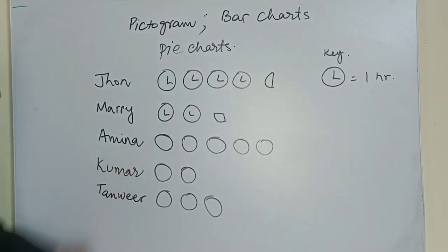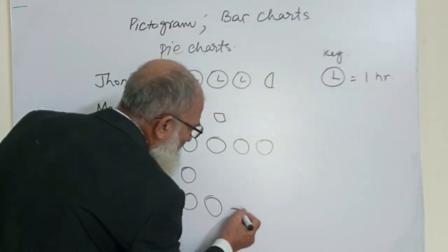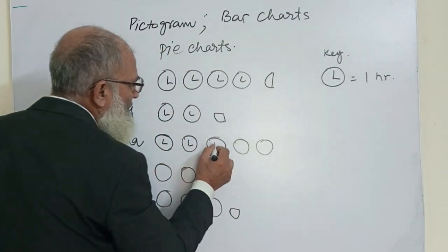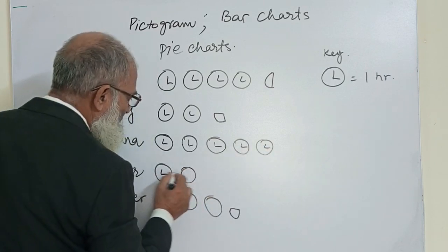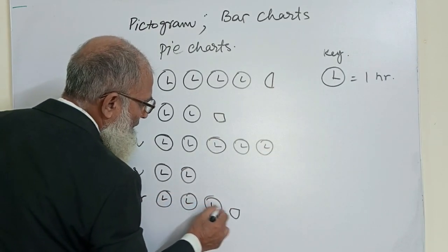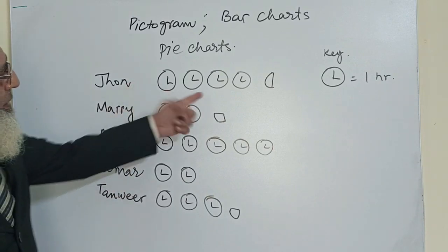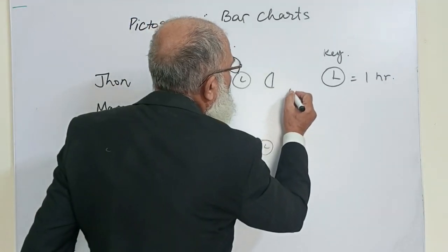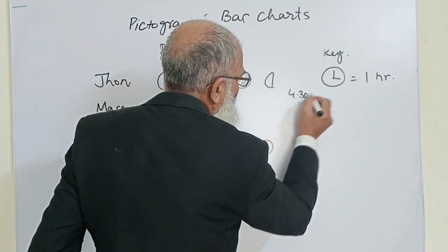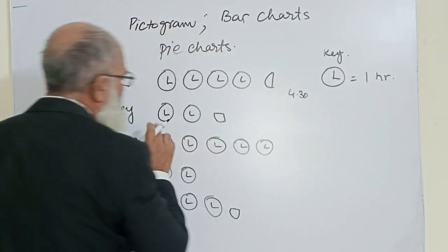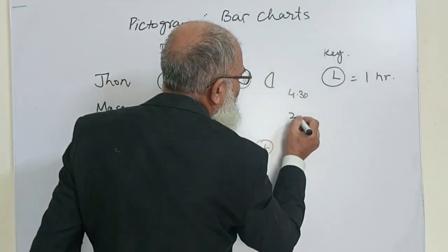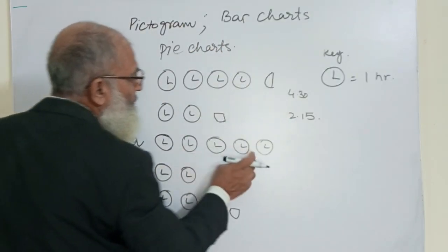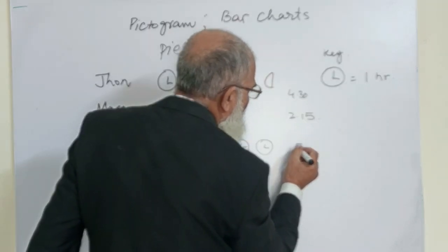Okay. Now let me do it like this. A quarter also. So these are the arms. Draw full pictures. Okay, now 1 hour, 2, 3, 4, and 4 hours 30 minutes is the result. 4 hours and 30 minutes. 2 hours and 15 minutes. 1, 2, 3, 4, 5. 5 means 5 hours incomplete.